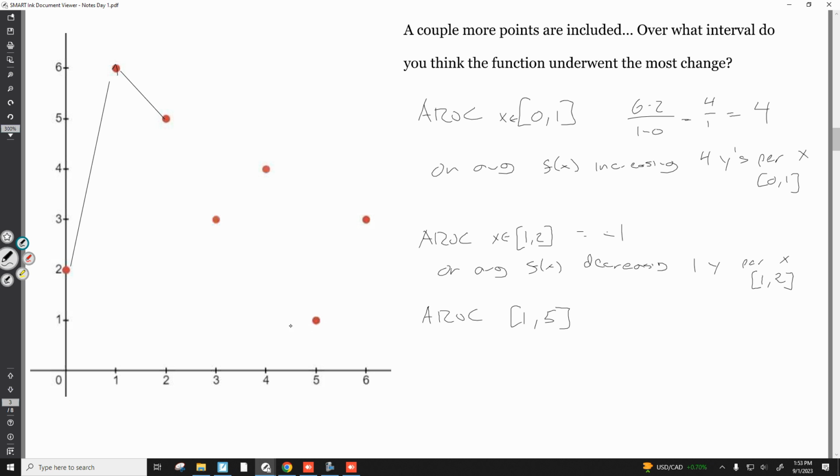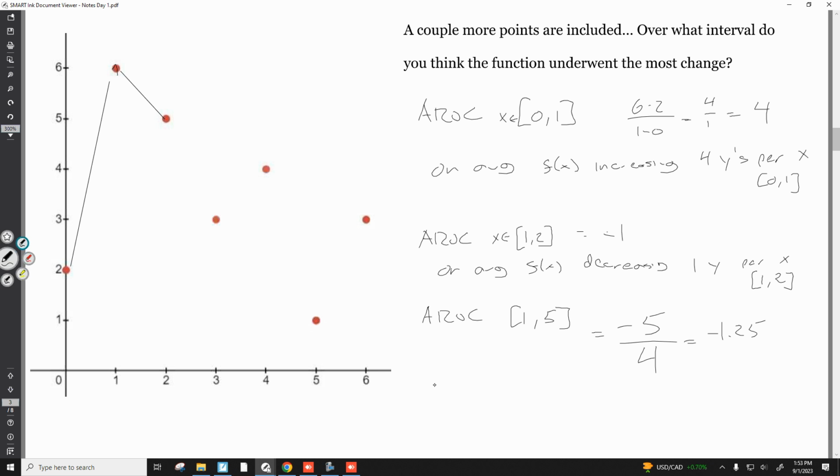6 to 1 is -5. You have a net change of -5, which is more than a net change of 4, but then you're missing the whole point. You need context with your change, which is why you realize that change of 5 occurs over 4 x's. You take these values from the table, divide them, and you get negative 1.25.